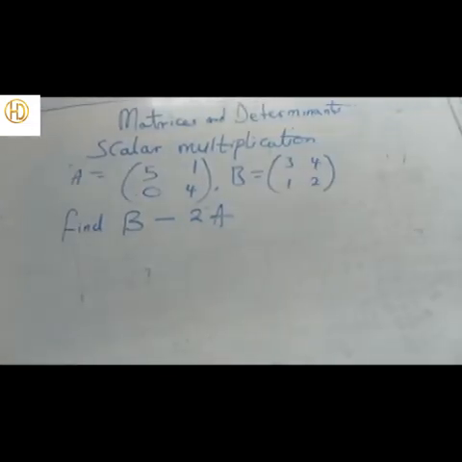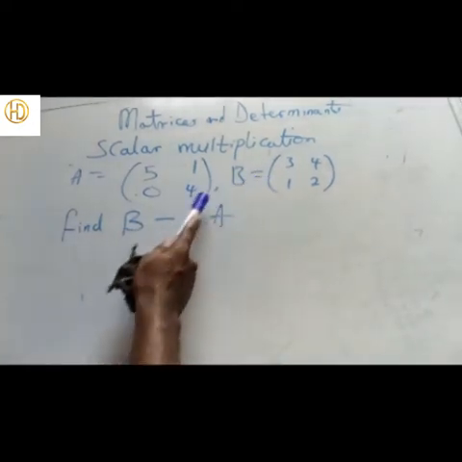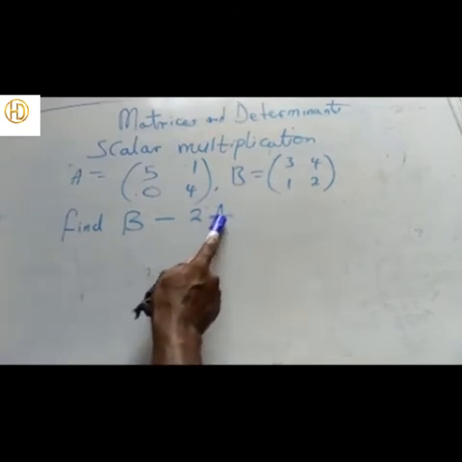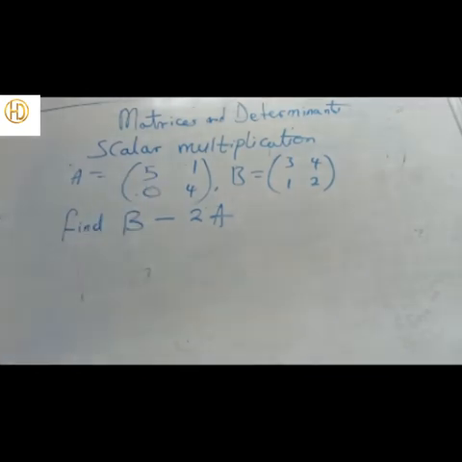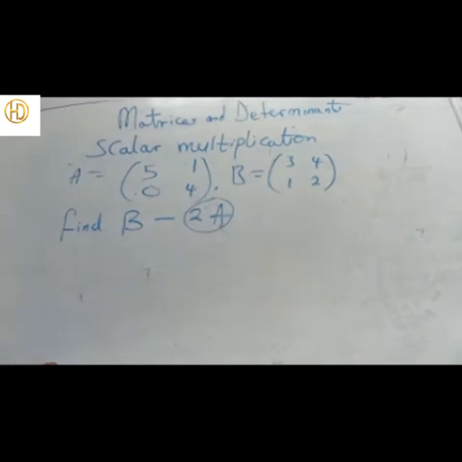How do I attempt a question like this? Looking at this, this is ordinary B, which is this. Now we have 2A. We are not given 2A, we are only given A, which is this. So we'll have to apply scalar multiplication here.